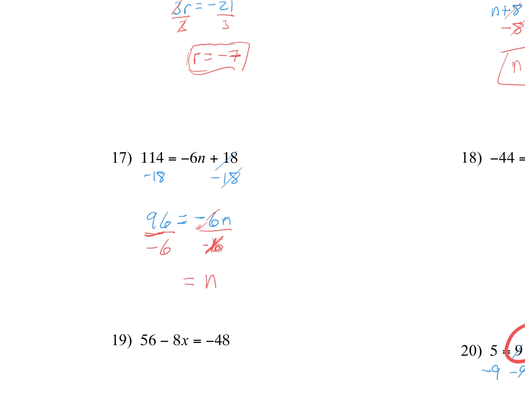And then 96 divided by 6, again, do that off to the side if you need. It should go into 9 one time, and then it goes into 36 6 times. So it should get you 16, but positive divided by negative is negative. So we should get n as negative 16.